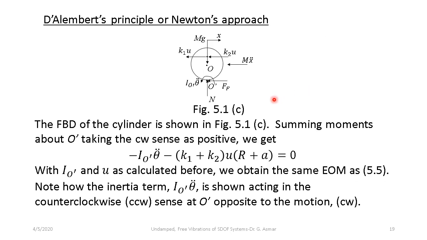Now, choosing to solve the problem using D'Alembert's principle or Newton's second law of motion, it would be necessary to draw a free body diagram of the cylinder undergoing plane motion. Here we have the weight mg acting at the center of mass. I have a force from the left spring, from spring 1 on the cylinder acting to the left, from the right spring on the cylinder also acting to the left, K1U for the left spring, K2U for the right spring.